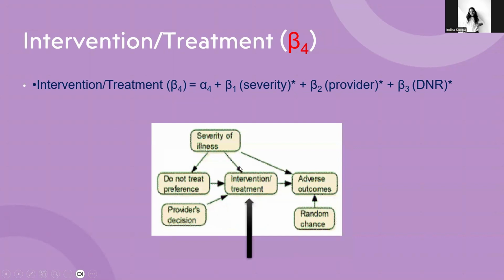Coming to the intervention and treatment, we label it as beta 4. As we can see through the network, it has three parents: severity of illness, do not treat preference, and provider's decision. The linear equation goes like this: alpha 4 plus beta 1 severity, its explanatory variable, plus beta 2, the provider's decision, and beta 3, the do not treat preference. All these are added.